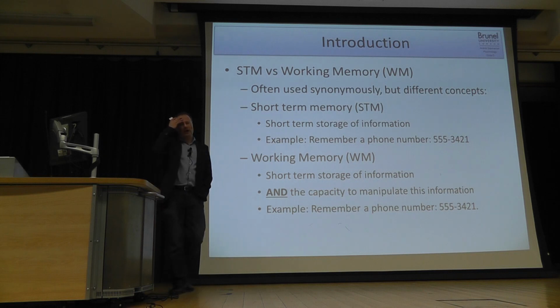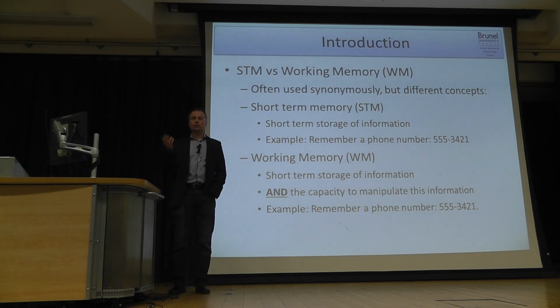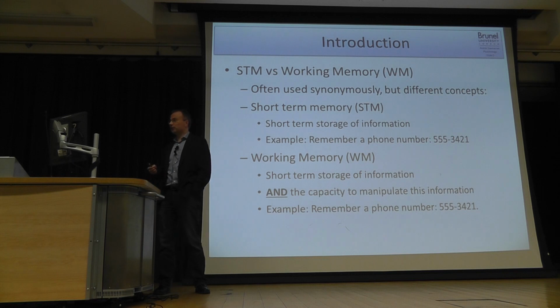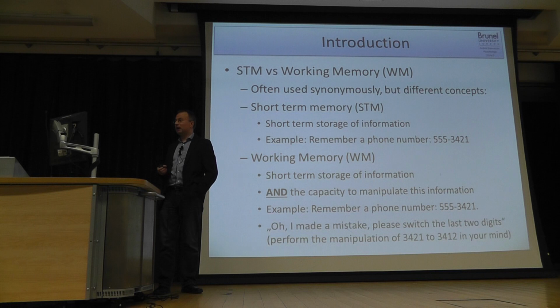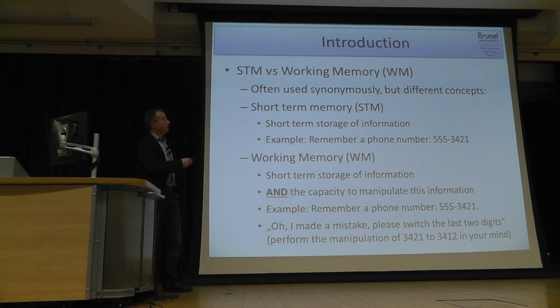And then I say, oh, I'm sorry, I made a mistake. Please swap the last two numbers. It's not 34, but 43, no, it's not 21, but 12. So in your mind, you do the operation of swapping the two digits. That's a manipulation of the contents of your memory. And people would say, okay, that is working memory and not short-term memory.